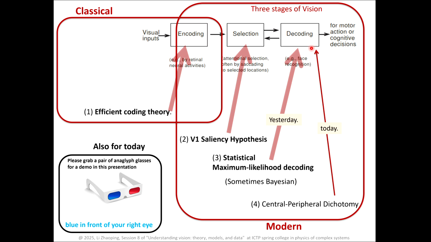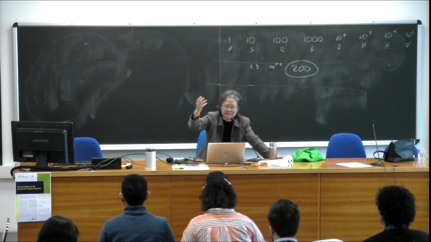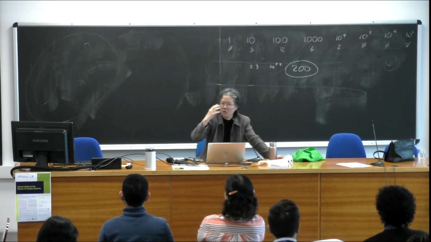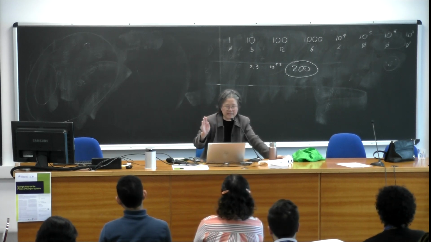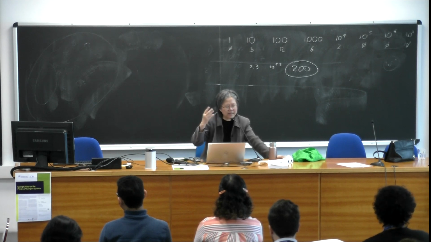It's not like we have a telescope looking to the sky and that star is so dim, and then you just wait to collect more light, then you will see better. We cannot wait. After 100 milliseconds, the longer you see, doesn't make any difference. So our brain is built in a very strange way.